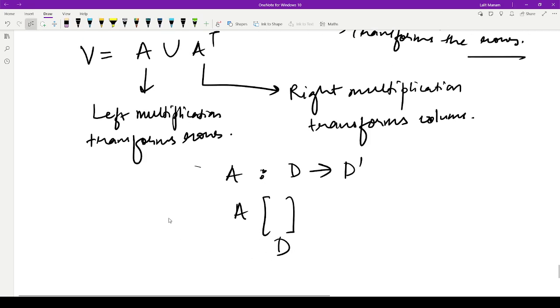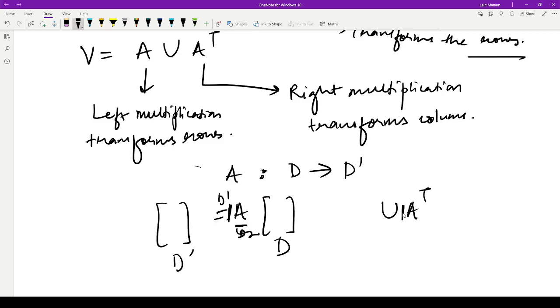It should be in the domain D, and whatever the output is should be in the domain D prime. So when you multiply with a matrix, your input domain should also be D, which you can only guarantee if you right multiply with A transpose. You have to take a transpose, and whatever output you get will be D prime. Agreed?